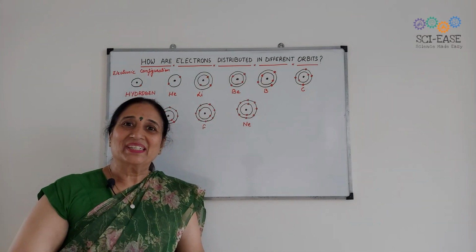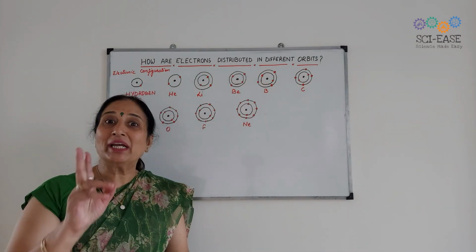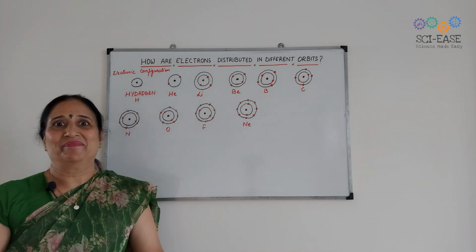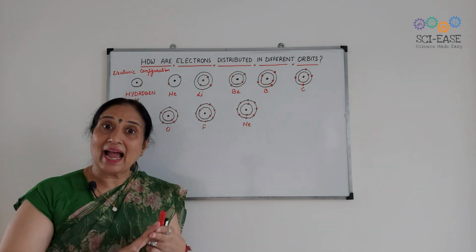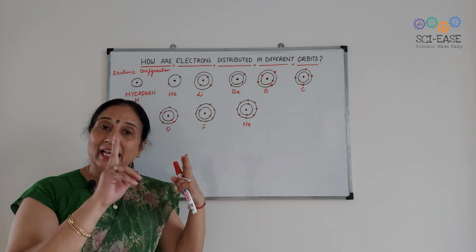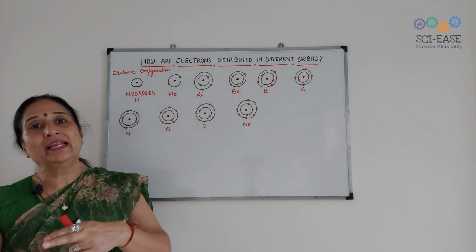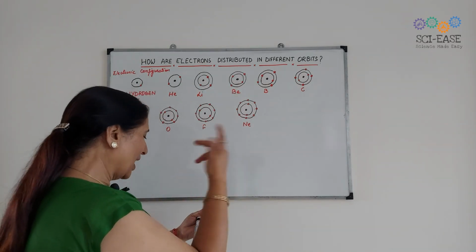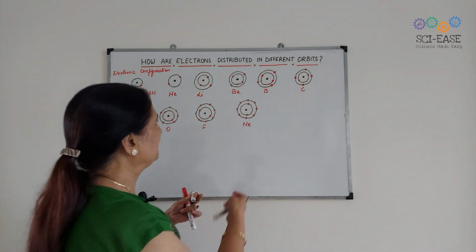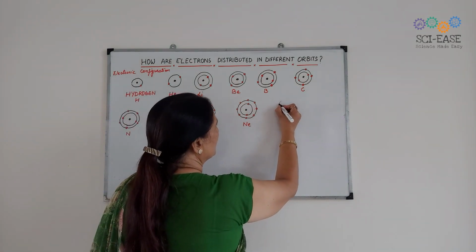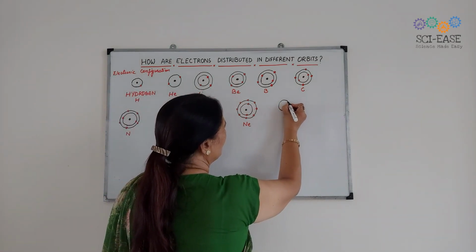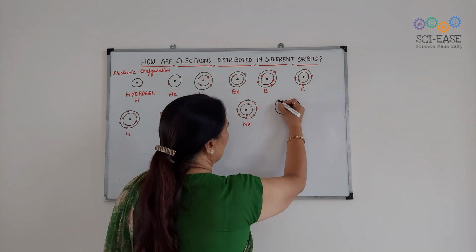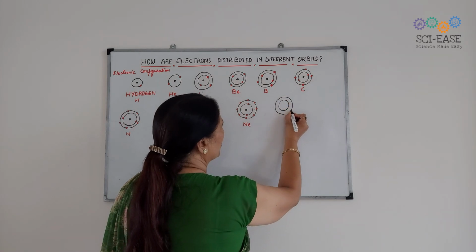Now, next is atomic number 11, sodium. This means it has 11 electrons and 11 protons. Okay, so start making the diagram. This is the first shell, this is the second shell, and this is the nucleus.